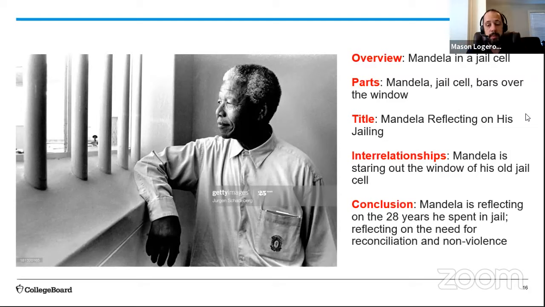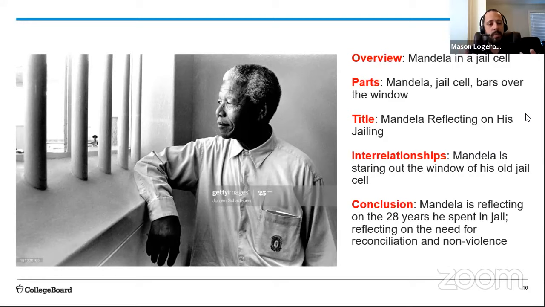For those interrelationships though, start thinking about what Mandela is doing, how he's staring out the window, looking through those bars on the window. And then for my conclusion, this is when I start to bring in information about Mandela. The fact that he spent 28 years, most of them in this cell right here.